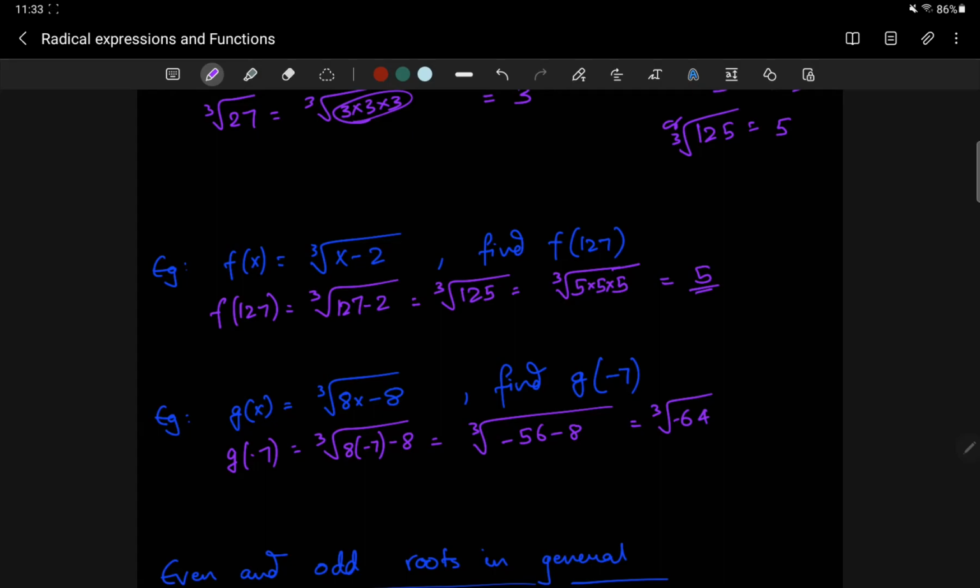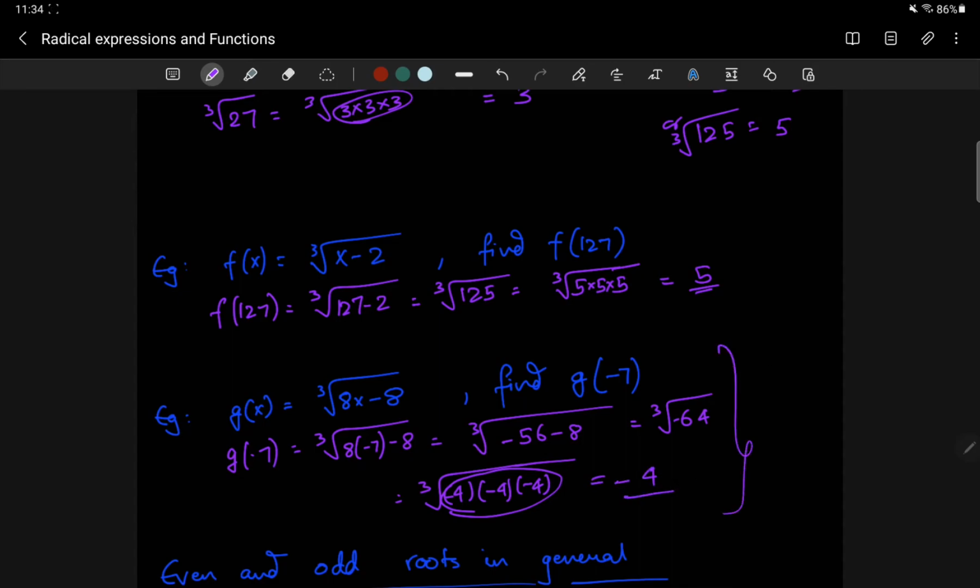Now how do I get negative 64? To get negative 64, I take negative 4 times negative 4 times negative 4. Okay? Now think about it a little bit. Negative 4 times negative 4 becomes positive 16, but then 16 times negative 4 becomes negative 64. And there's 3 copies of negative 4, so this is negative 4.